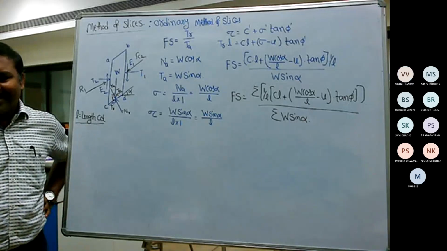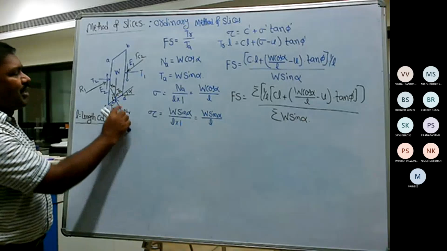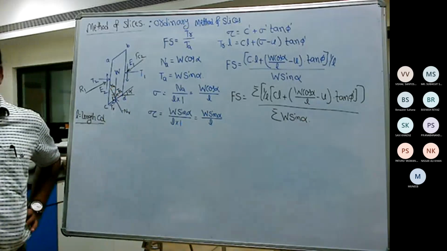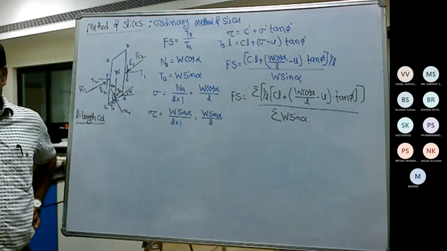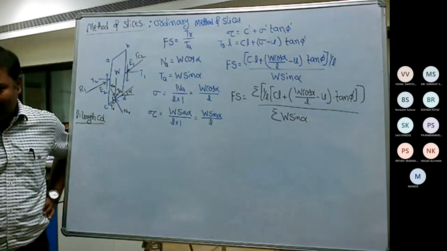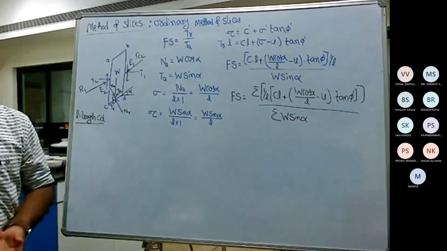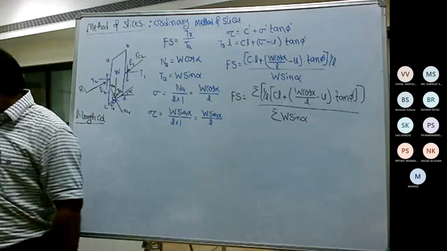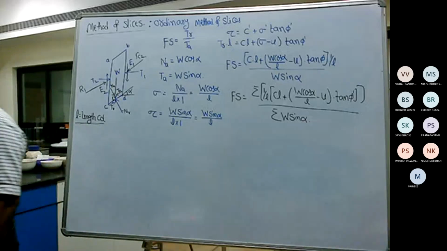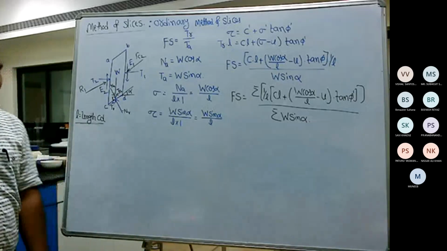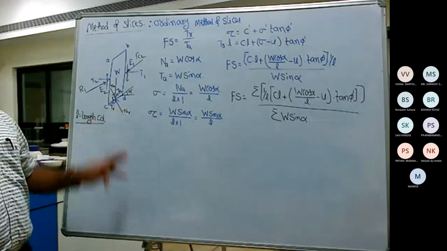Yes, sir. NR is the normal component, NA is the normal component. Okay, Vishal, don't get confused.